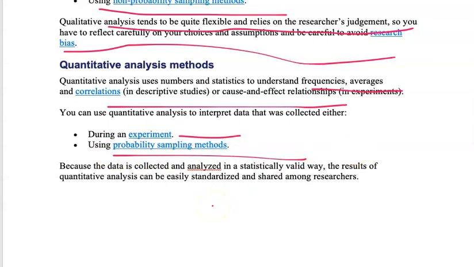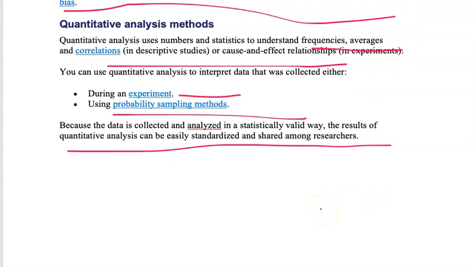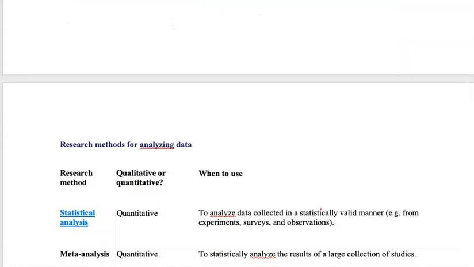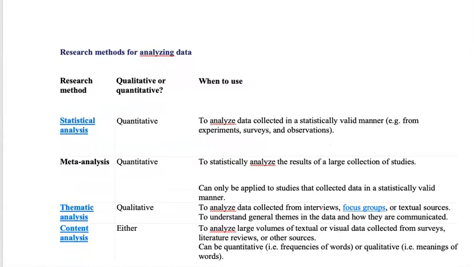Because data is collected and analyzed in a statistically valid way, the results of quantitative data can be easily standardized and shared among researchers, and the same can be repeated or replicated by other researchers in a different case study. So we have to mention the methods of the research in a proper manner so that others can adopt it and do it.